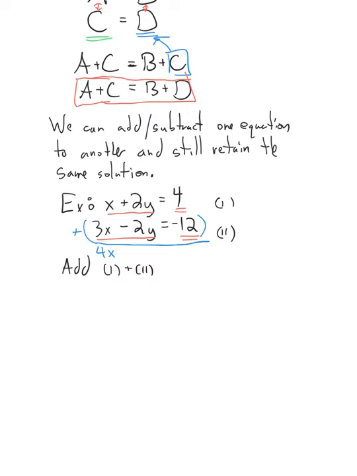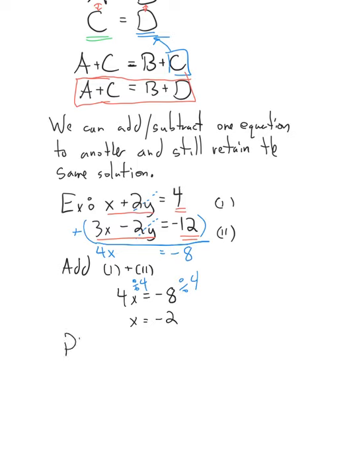So I eliminated my y's here. That's what's key here. And of course, 4 minus 12 is minus 8. So I get the equation 4x equals minus 8. And now I can just solve for x by dividing both sides by 4, and I get that x is negative 2.